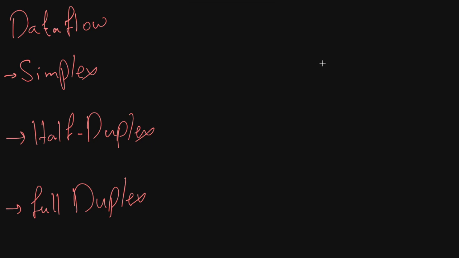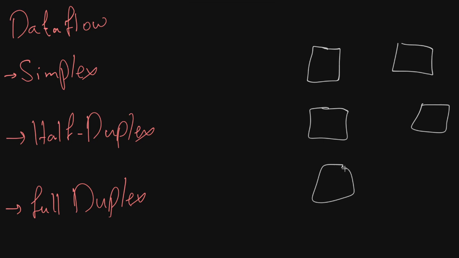Let's say we have the first device and here's the second device. For these to transmit, the first one is going to send the data to the second one, and that's it.